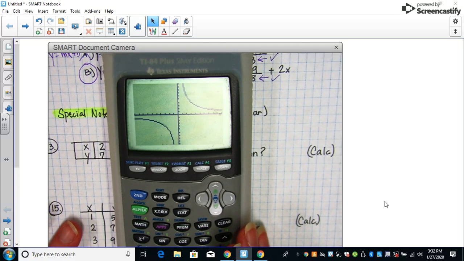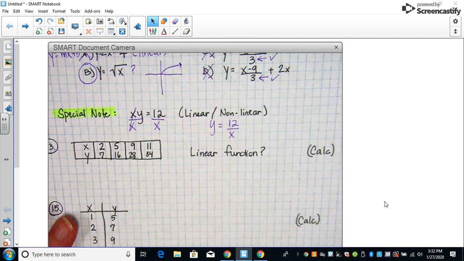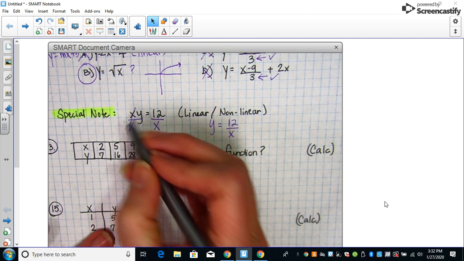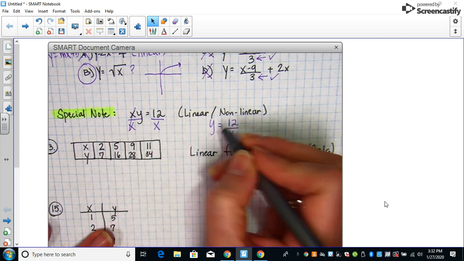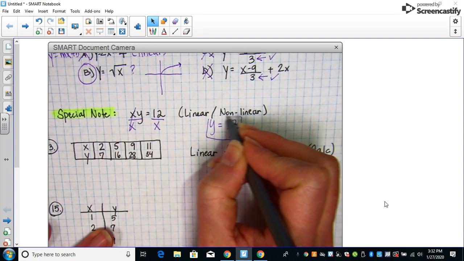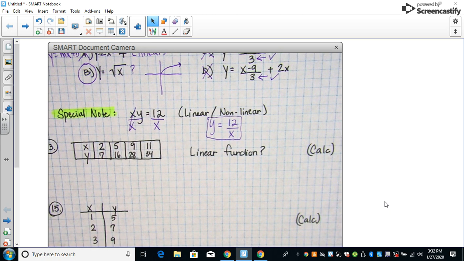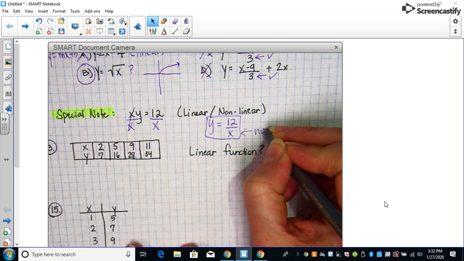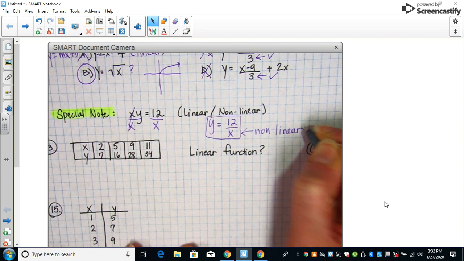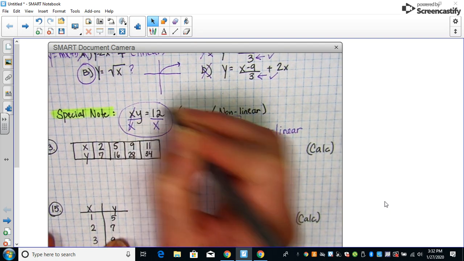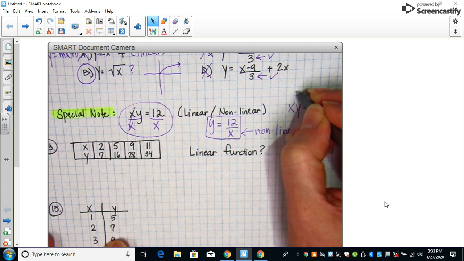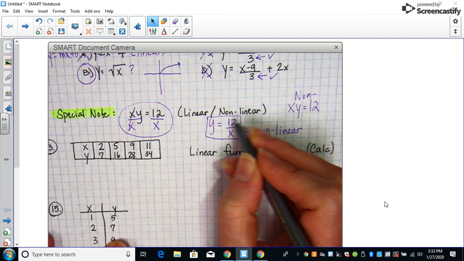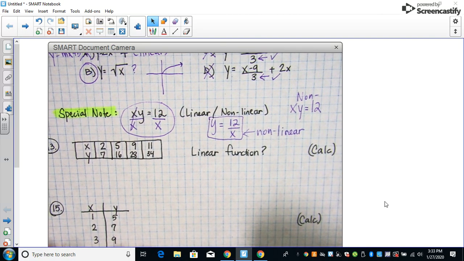If this was a calculator problem, you could see, but we need to understand that when you have an x and a y together, we're going to move the x to the bottom to get this where you can graph it with y by itself, and that puts the x on the bottom for a nonlinear. So you might want to put this example, xy equals 12, as an example of a nonlinear, or y equals 12 over x, another example of a nonlinear.